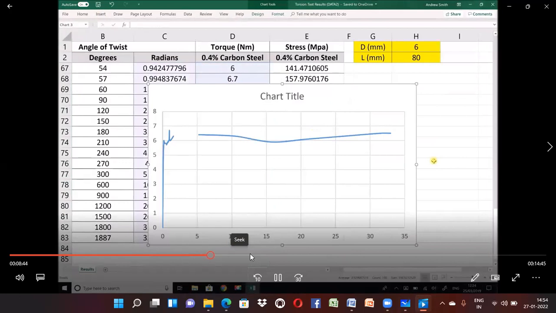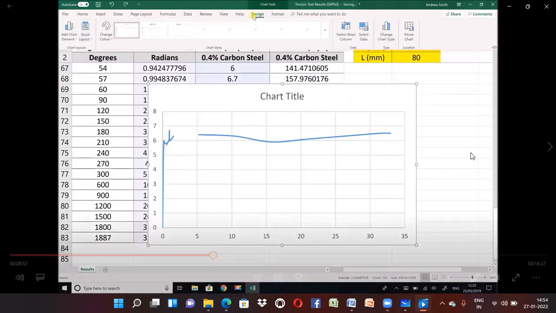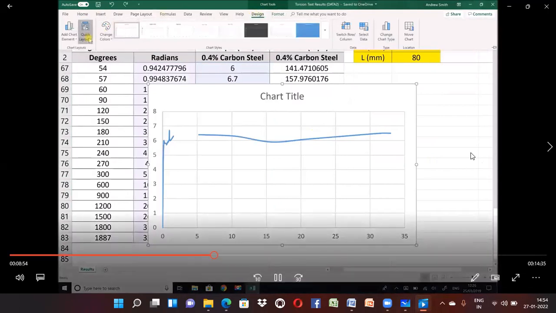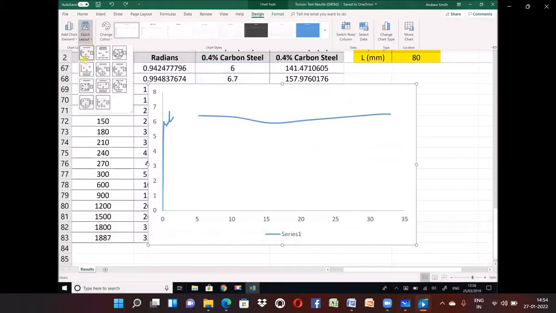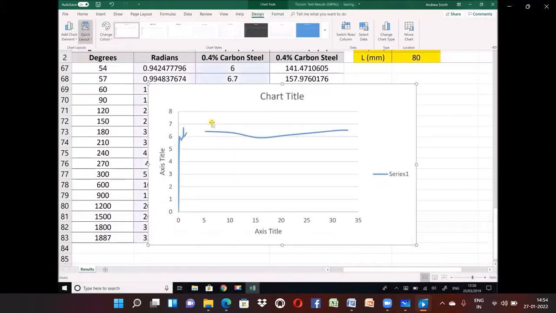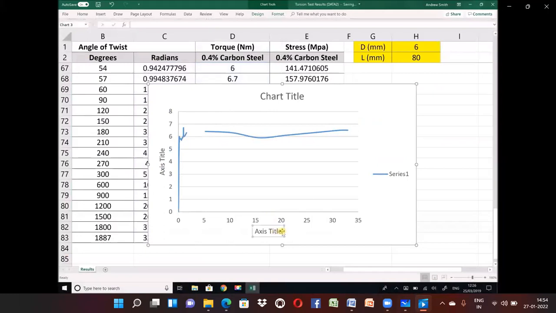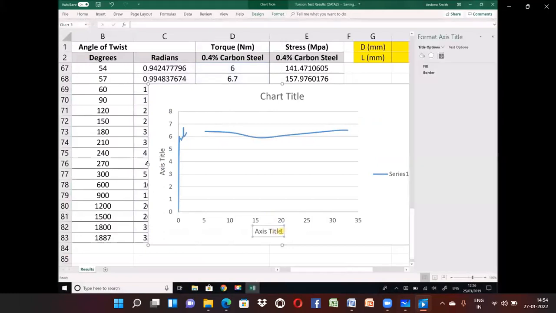So the first thing that I'm going to do is amend my angle of twist axis at the bottom. If we click on Design in the menu at the top, and go to Quick Layout, then we can choose a layout that includes our legends. Our x-axis is angle of twist in radians.